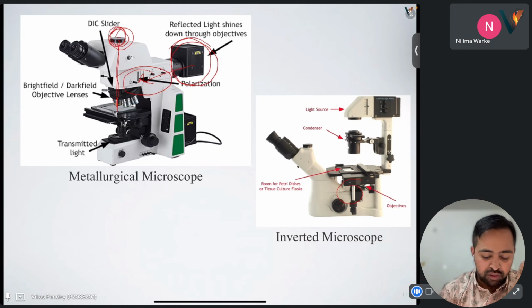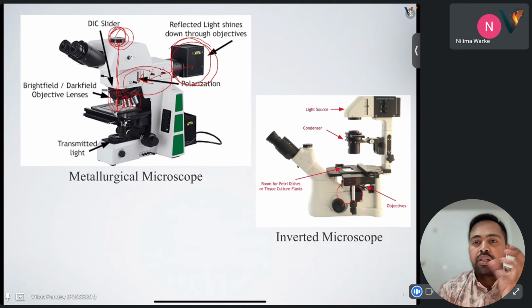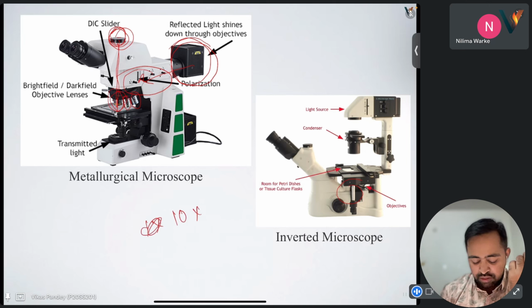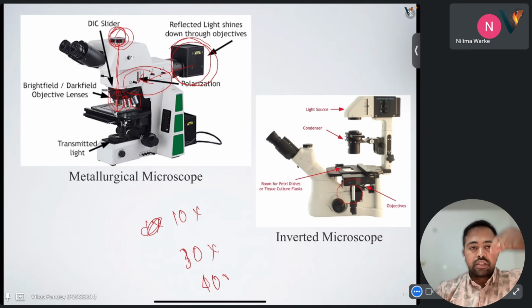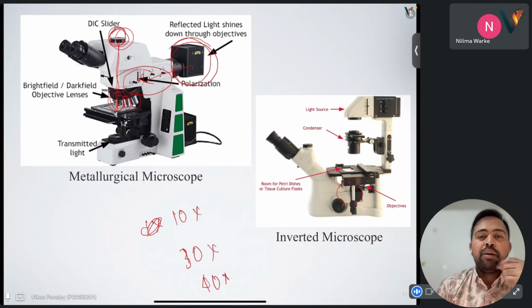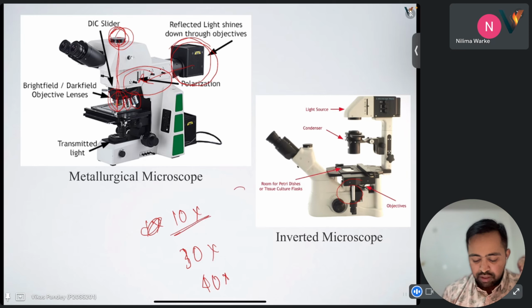It will also depend on the power of the objective. If you are going for 10x resolution, or 30x and 40x, the size of the light source falling on the sample will also vary. In case of 10x, it will be a bit bigger.